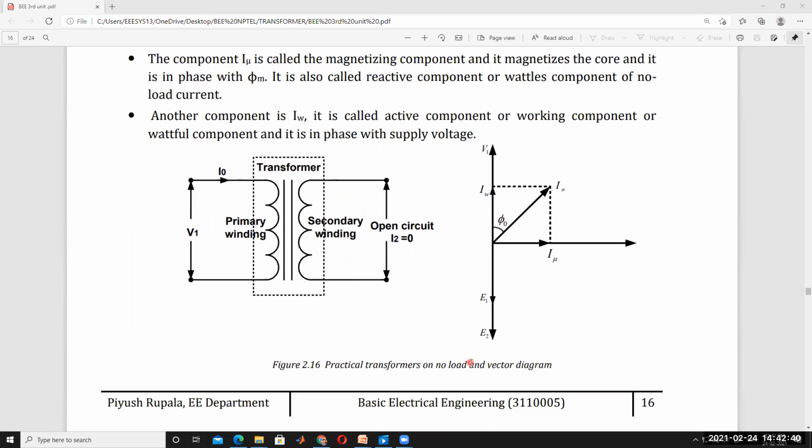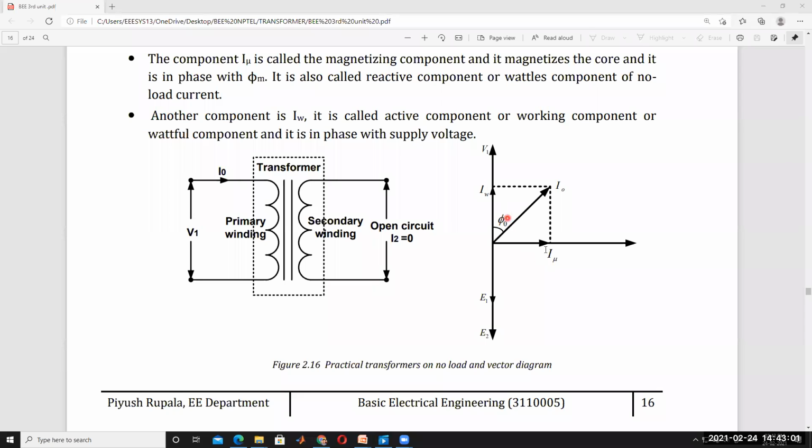This is called the practical transformer under no load vector diagram. This is the primary winding and secondary winding. The no load current I naught is a combination of IW and IMU. IW is the wattful, active component because of transformer winding resistance, and IMU is the wattless, reactive component because of magnetizing flux.